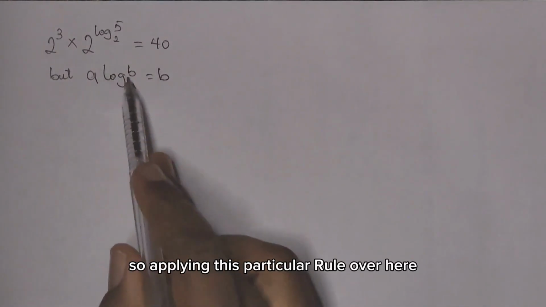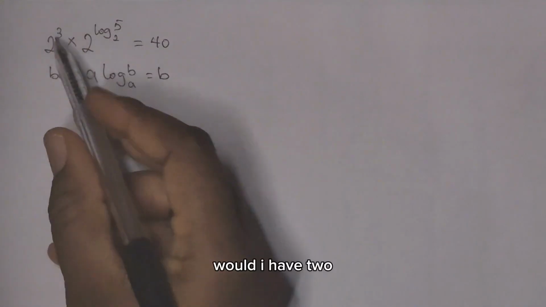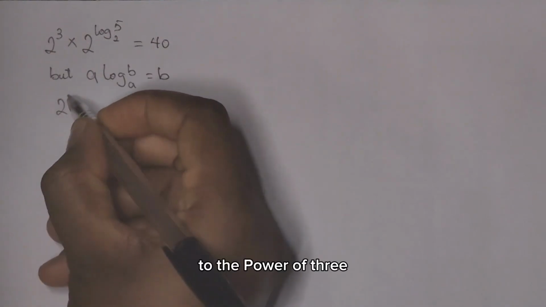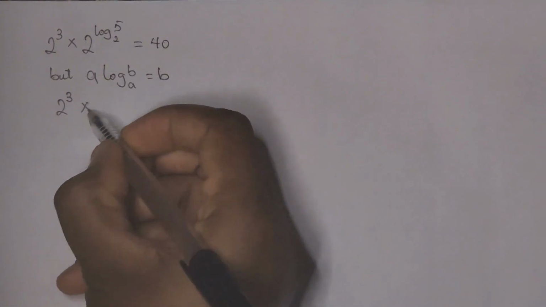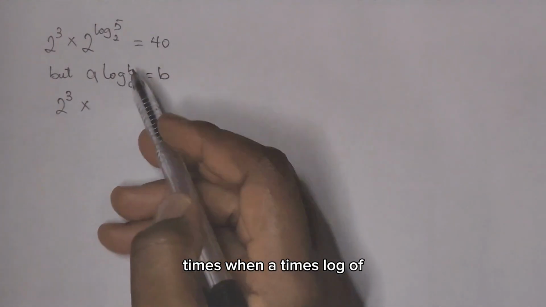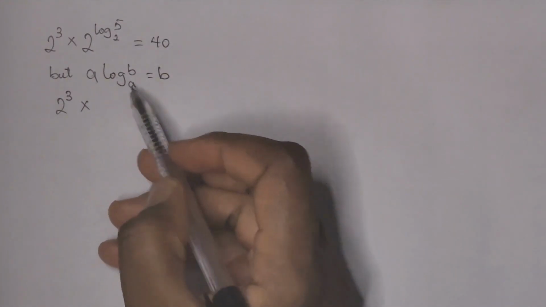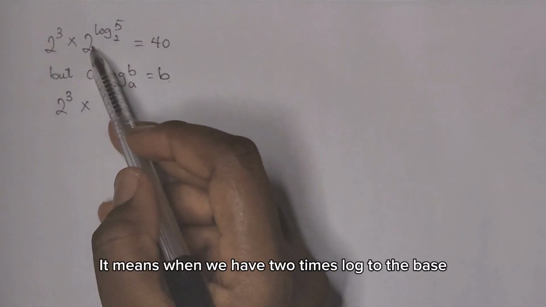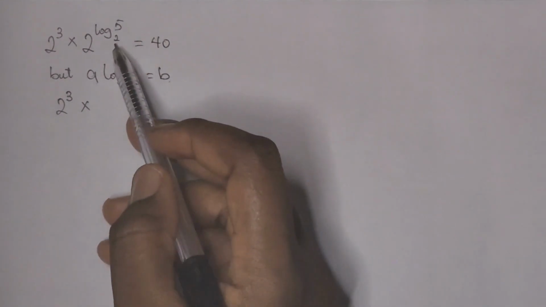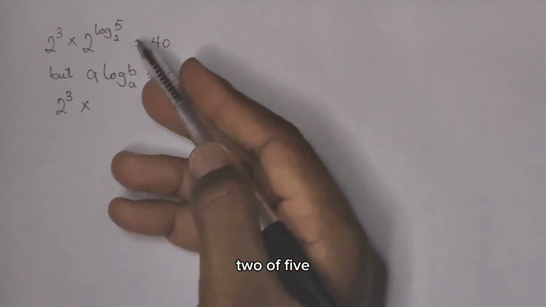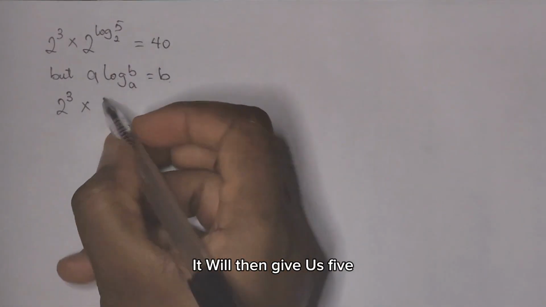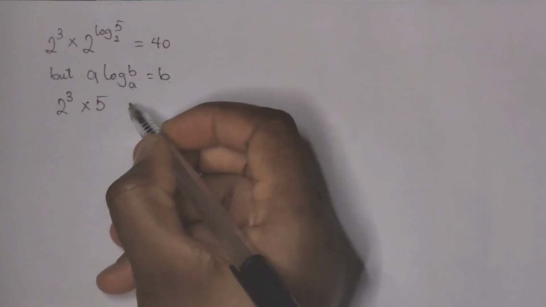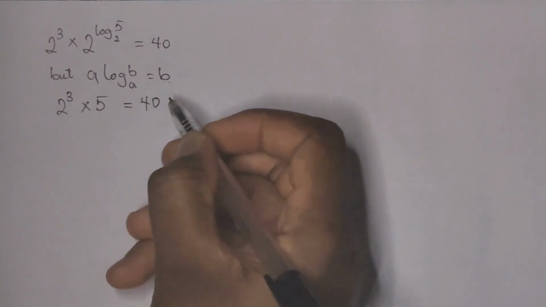So applying this rule, we have 2 to the power of 3 times 5 equal to 40.